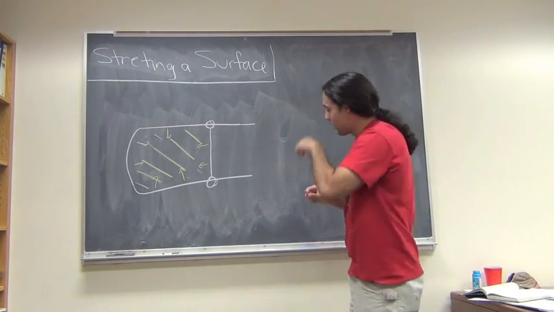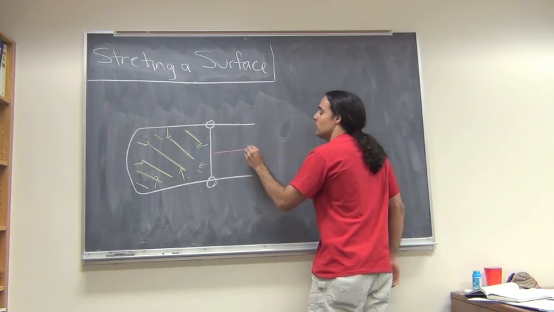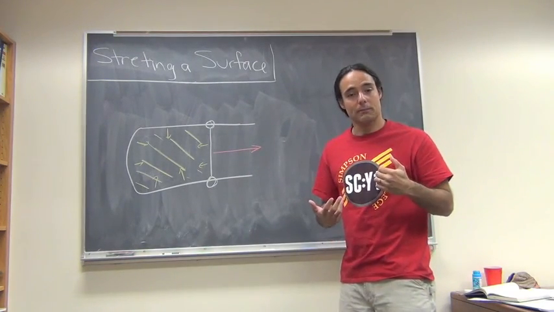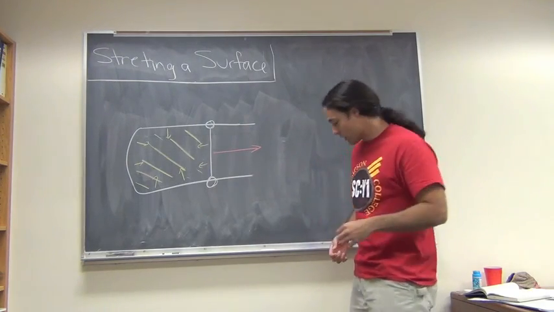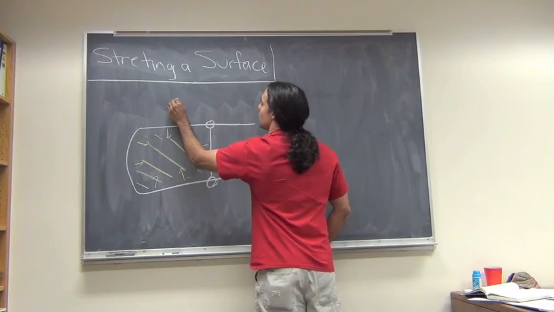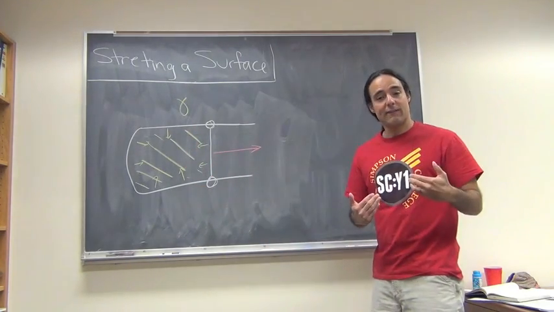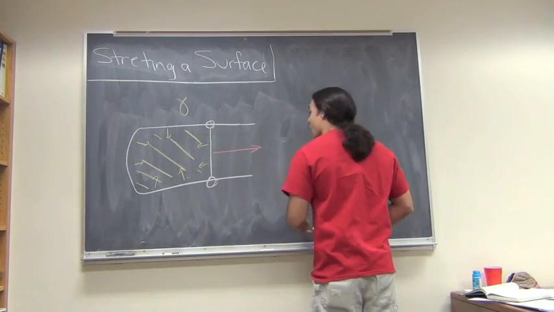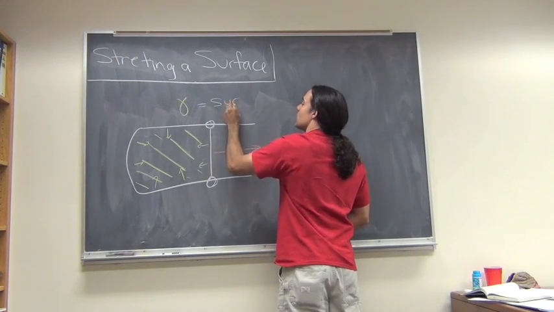So that means that if I want to stretch this bubble, I need to apply some force on it. And the force needs to counteract the surface tension. I'm going to call the surface tension, let's call that gamma. If I want to compute the work done by surface tension, so this is our surface tension.